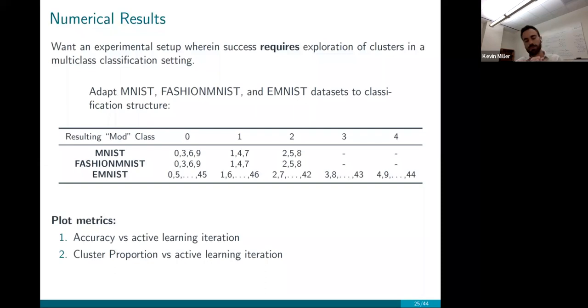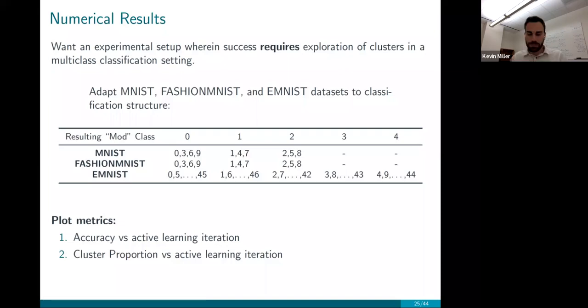validate the explorative capabilities of an acquisition function by taking the MNIST, FashionMNIST, and EMNIST data sets, which are handwritten digits, letters, but then also FashionMNIST being pictures of different classes of clothing.